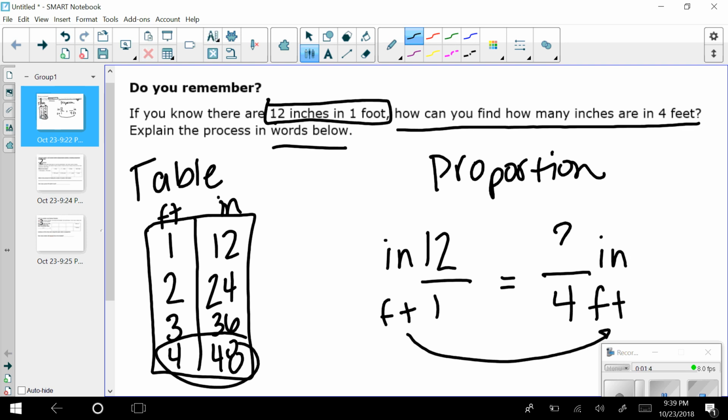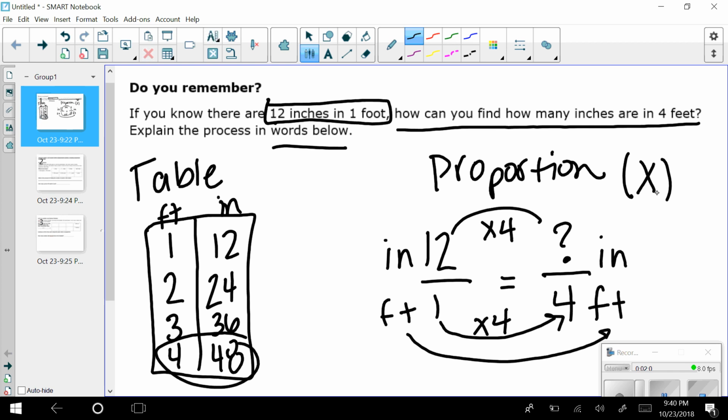And so what we're trying to find is this. We don't know the inches. Well, remember, these are related through multiplication, right? So that means I can go from 1 to 4, right, between the two ratios. And I know that 1 times 4 is 4, which means up here, because it's equivalent through multiplication, I multiply by the same thing, times 4, and 12 times 4 is 48.